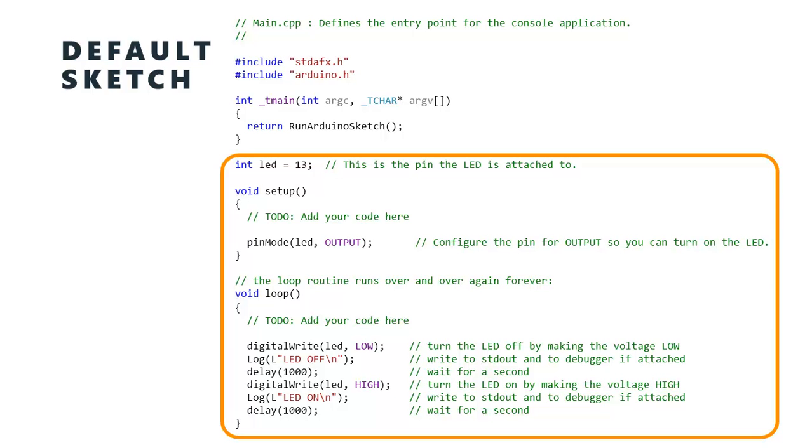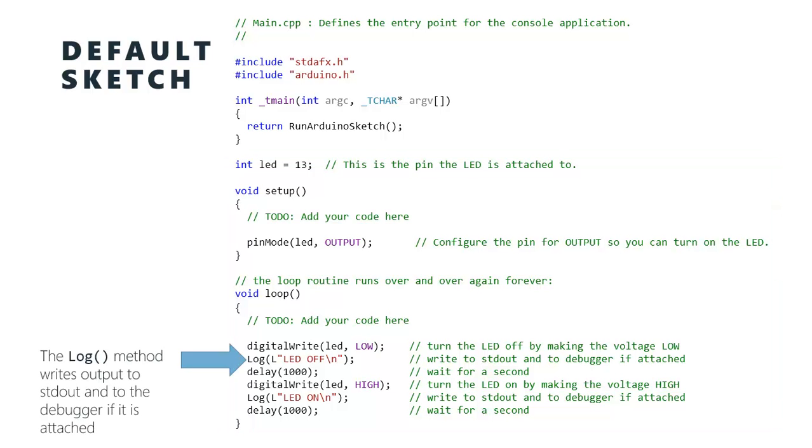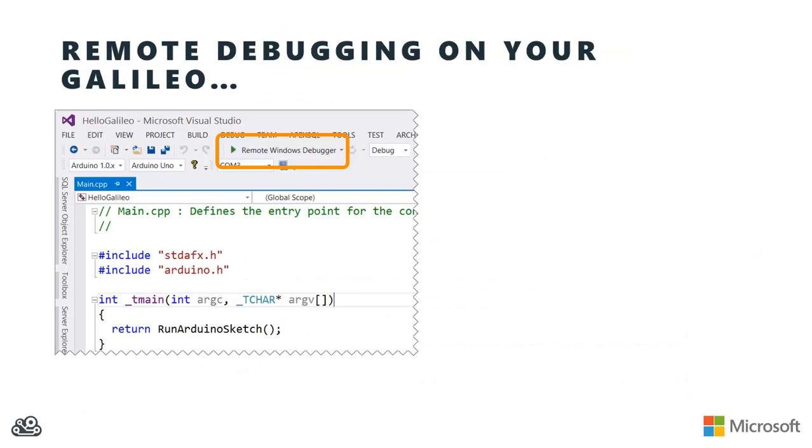But otherwise, the lower part looks just like the default Blink application that you would use as the canonical hello world in the Arduino. For the most part, it looks identical. About the only difference is this log method, and that's part of the Galileo SDK, and that'll be used to write output both to the stdout as well as to a debugger if one is attached.